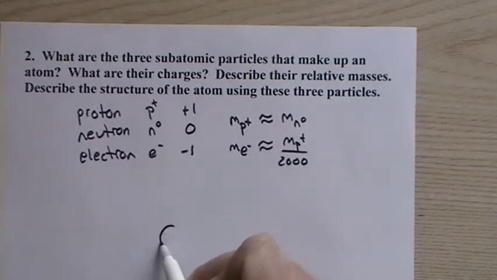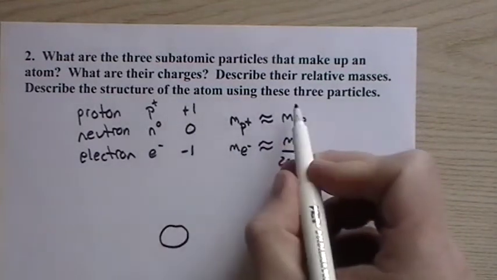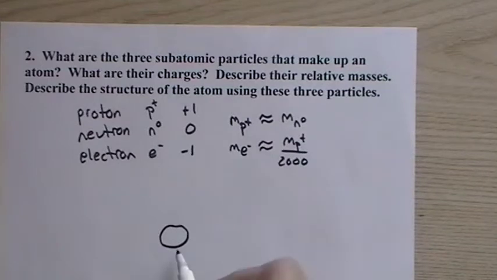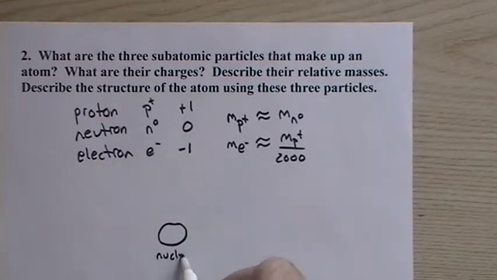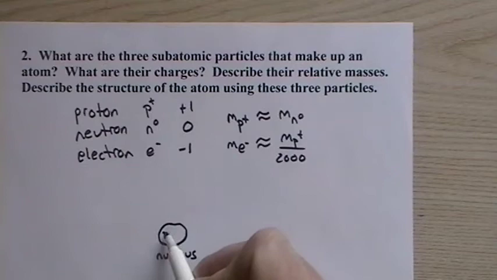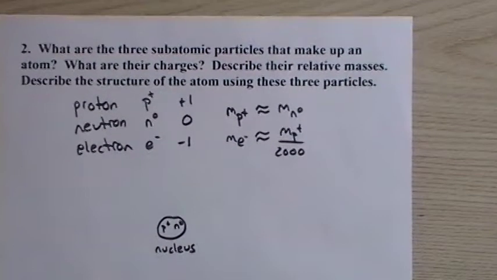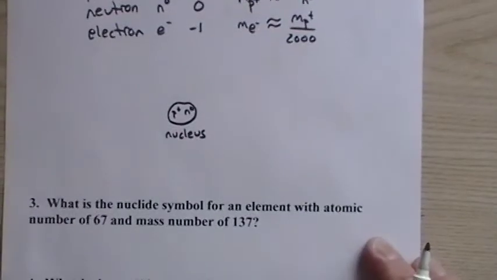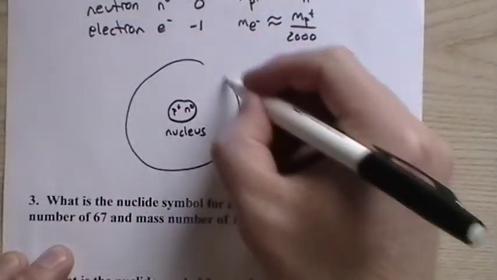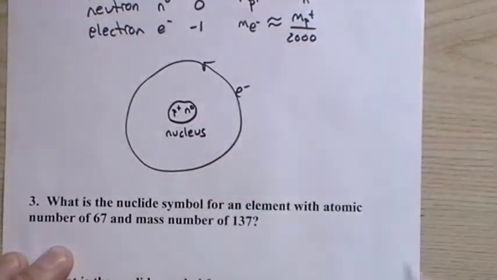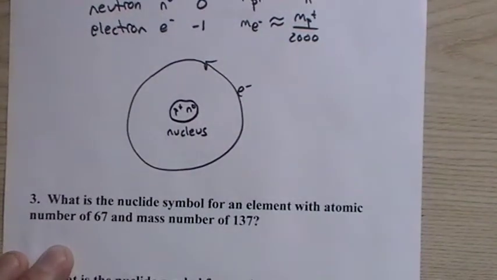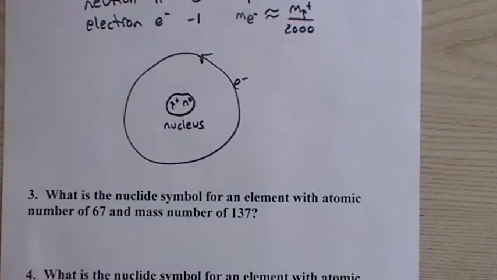And the last thing here is to describe the structure. So we have the nucleus, and the protons and neutrons are present in the nucleus in differing amounts depending on the atom. And then on the outside, zipping around, we have the electrons. So we should know that basic structure.